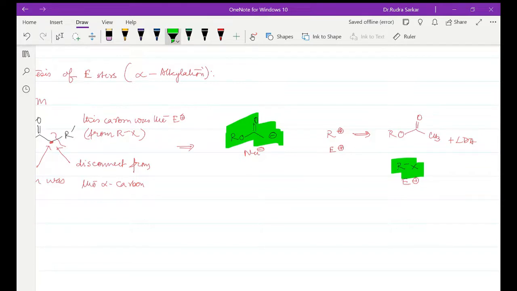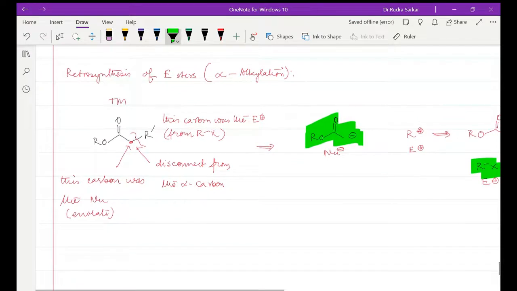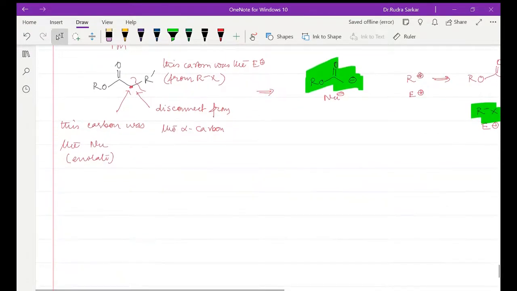The other alternative procedure that we can think of over here is the use of a malonic ester, which will again involve the steps of deprotonation, alkylation, hydrolysis, and decarboxylation. So let's present that scheme. Again, suppose that is our ester.